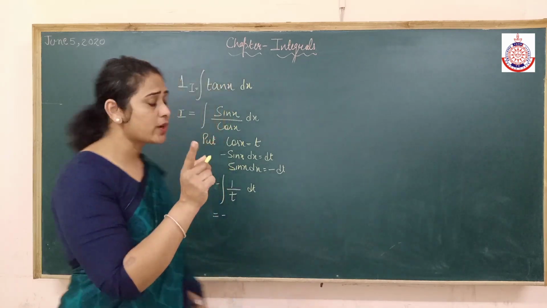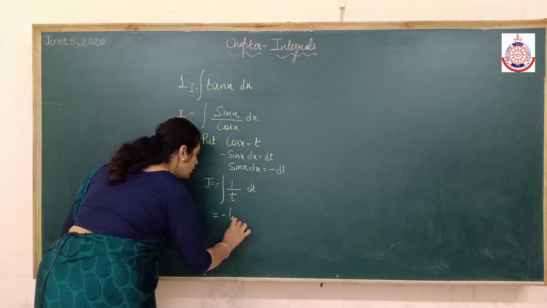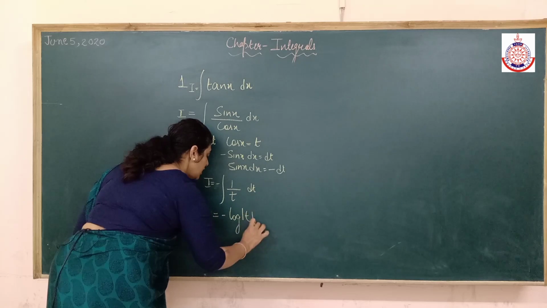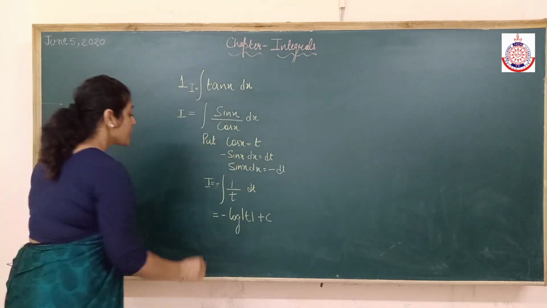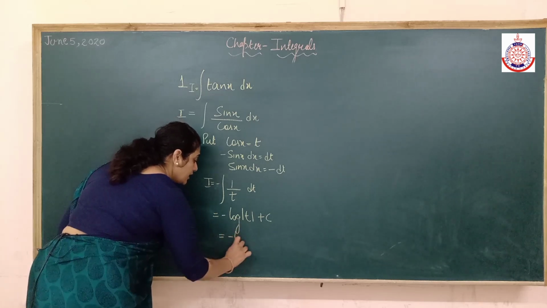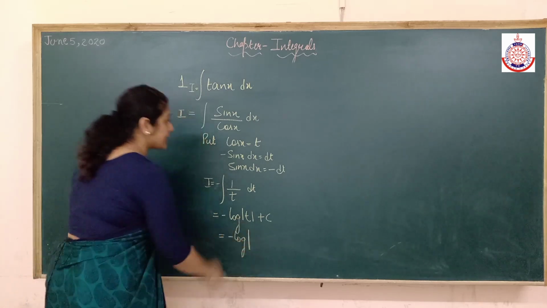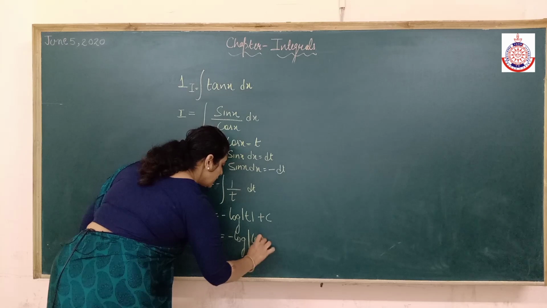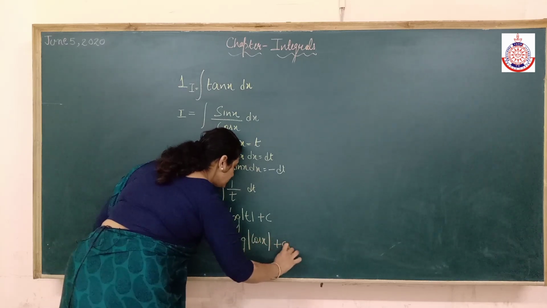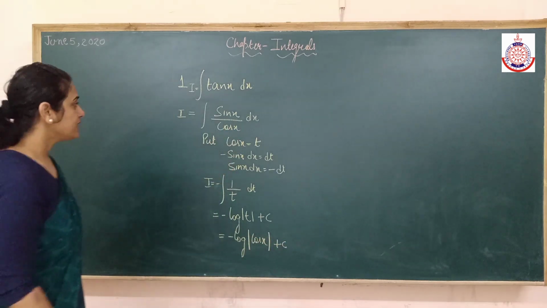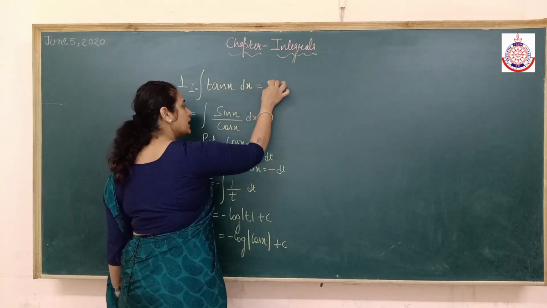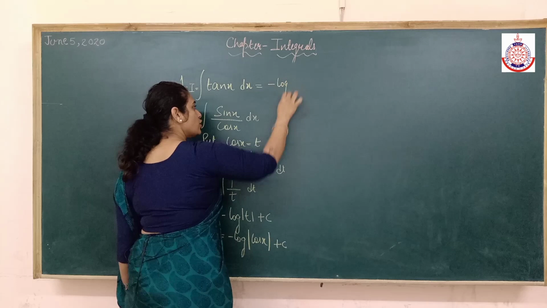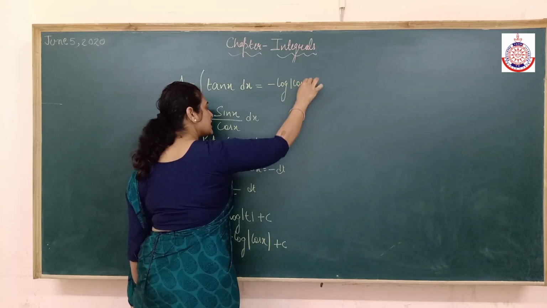That is log of t plus c. Do not forget this. Is it clear? So put the value of t again, that is cos x. Alright. So what we have derived is that the integration of tan x is minus log of cos x plus c.